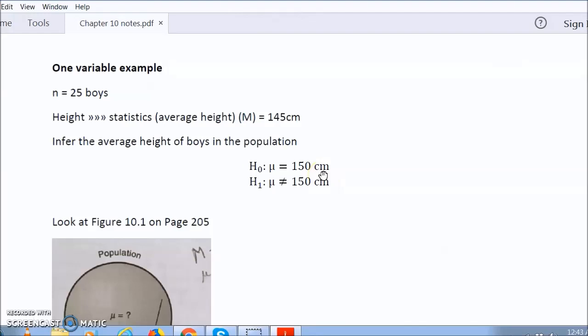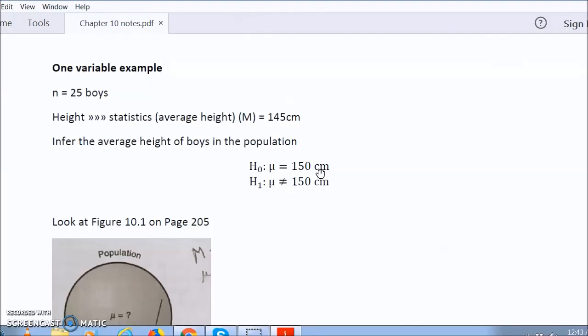Remember how we talked about that we set up the null hypothesis in a way that we want to reject it. So we know that the average height is 145 centimeters, so I am setting up a pinpoint statement of 150 centimeters. Now this is going to lie on my continuum, so I know for sure that it would not be one of the n values over there.